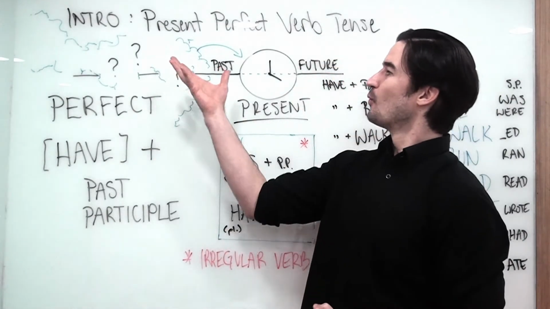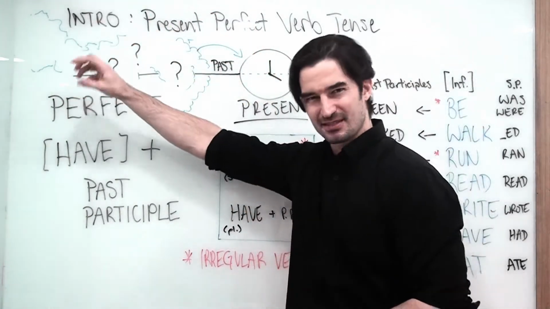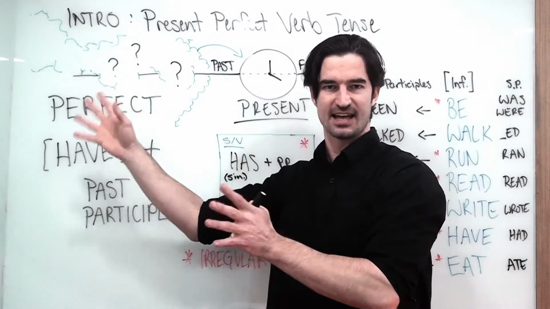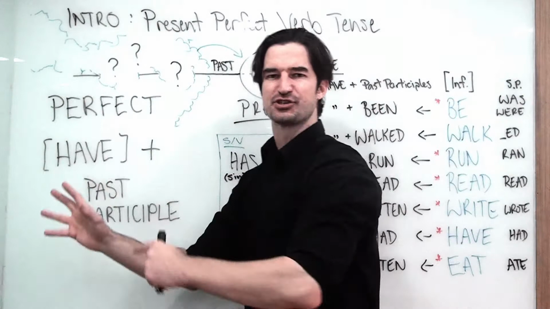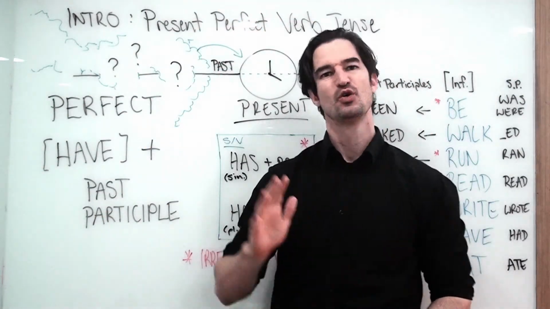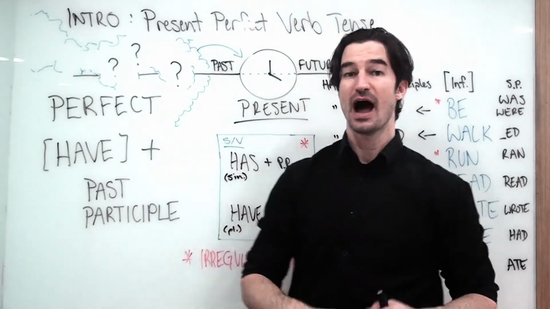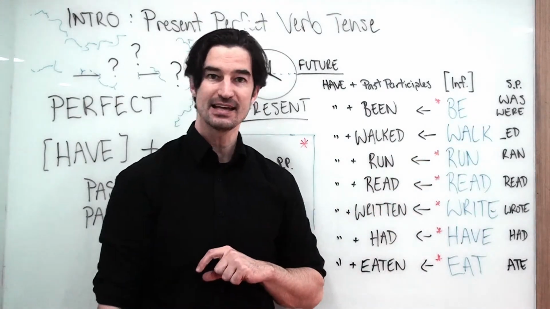So when we use the present perfect, we're talking about something that has happened in the past, but we're not being specific as to when. So essentially, the past is this big cloud of mystery, and we're pulling into the present information without giving any details about the past.